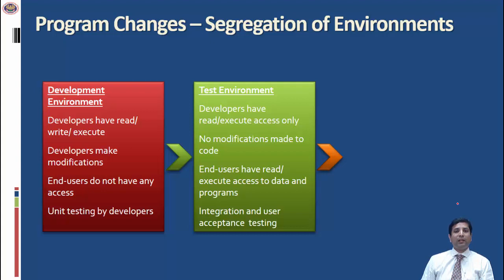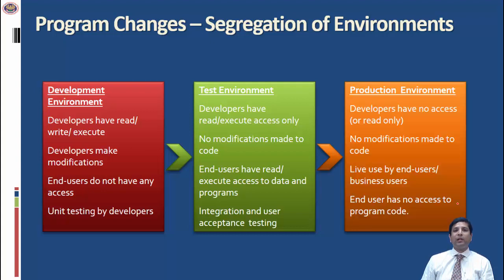Once testing is completed, the change is implemented into the production environment, where developers should not have any access at all. If at all required, the developers may be granted read-only access. No modifications to the code can be made in the production environment. End users or business users will have access to the production environment to carry out transactions and business activities through the ERP.